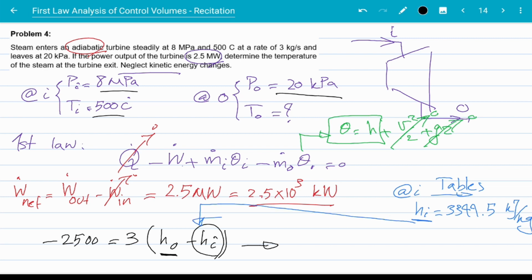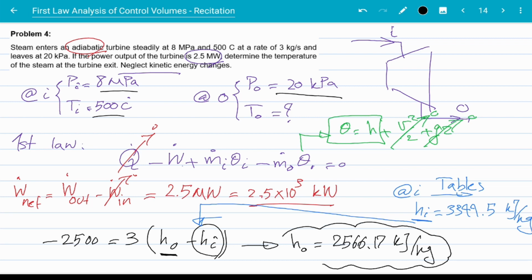If I do and then do the math, I get that the enthalpy of the exit is 2,566.17 kilojoules per kilogram. So now I have the enthalpy at the exit. I also have the pressure at the exit.